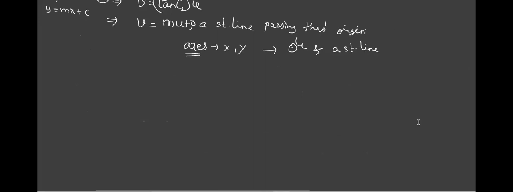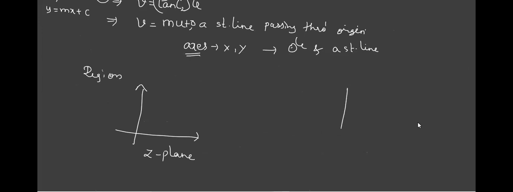Now, here we need to draw the region. They'll ask us to draw the region. So you have to take a z plane and one w plane here.